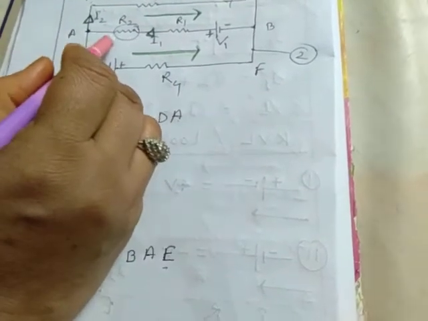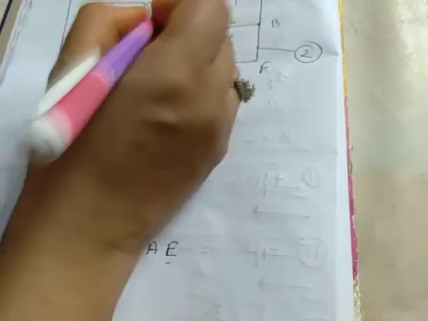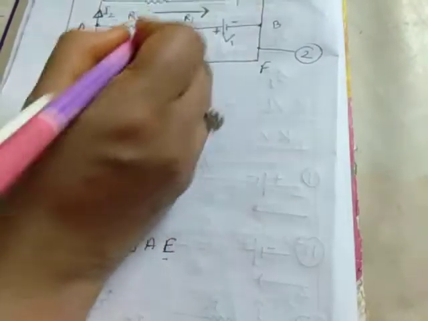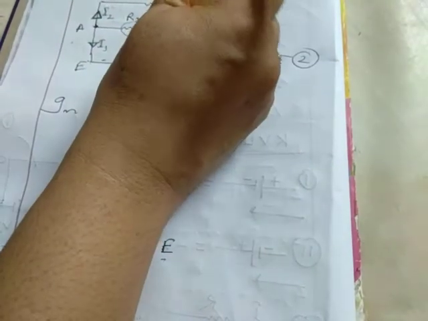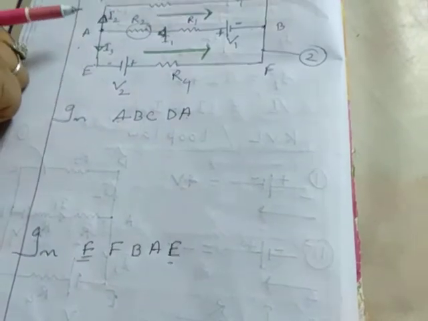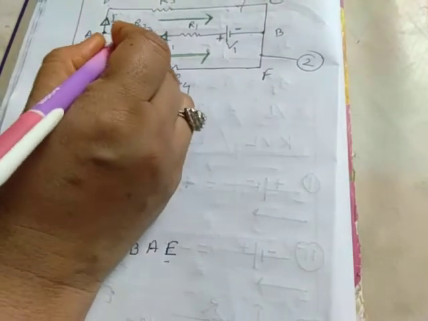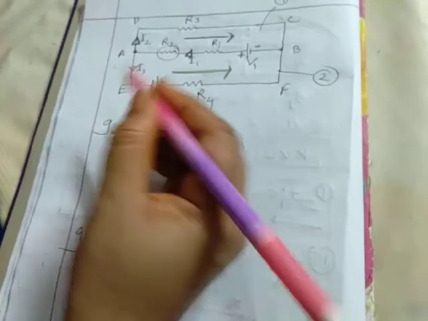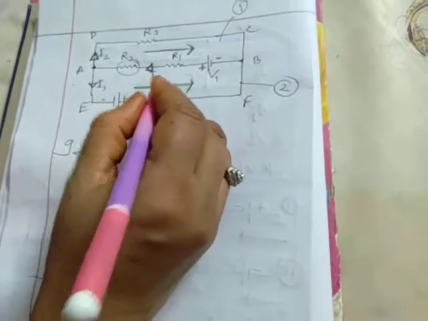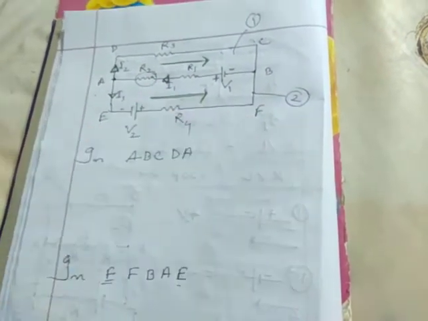Here I am going in this direction, the current is going in this direction, but I am measuring the potential difference against the current direction. So the potential drop here will be what? Negative, because you are moving against the direction of the current. Through R1 and R2, what amount of current is passing? I1.